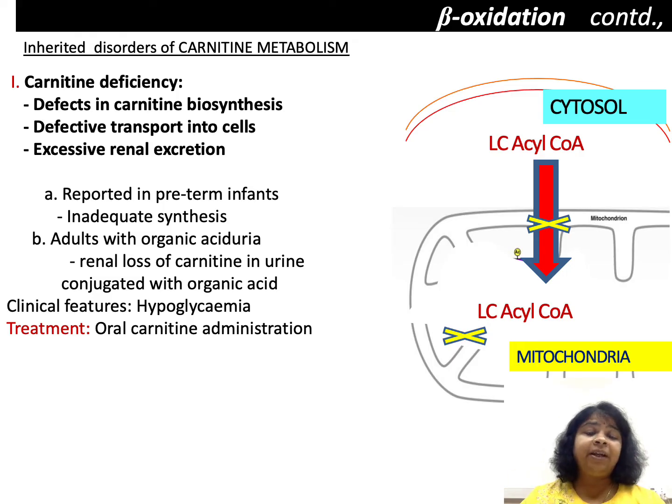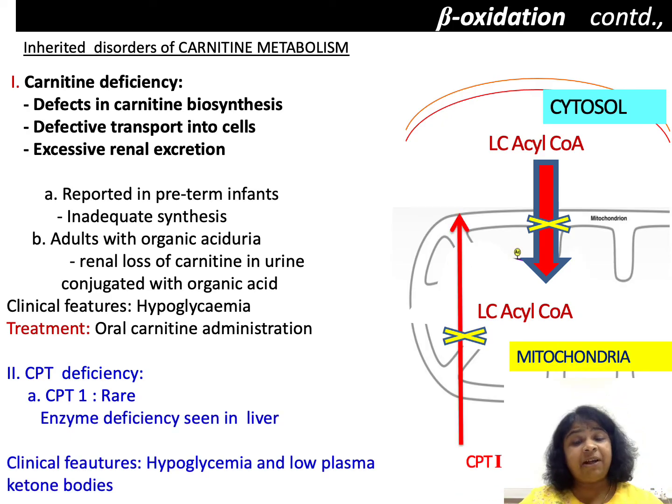When beta oxidation is not happening, then all the cells utilize the glucose and they will land up with hypoglycemia. So treatment here would be, if it is defective biosynthesis or increased excretion, then carnitine administration will be of help. If it is defective transport into the cell, then giving carnitine will not help.